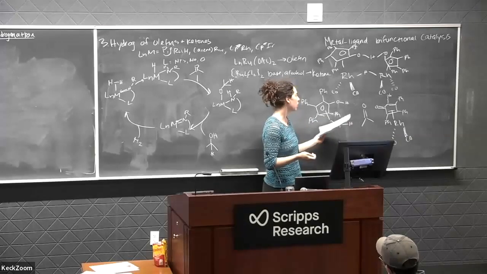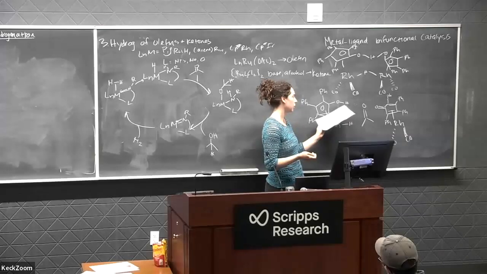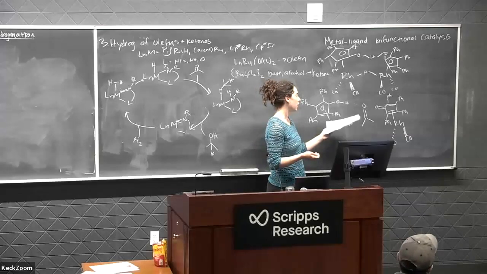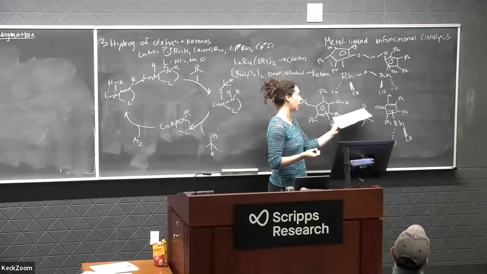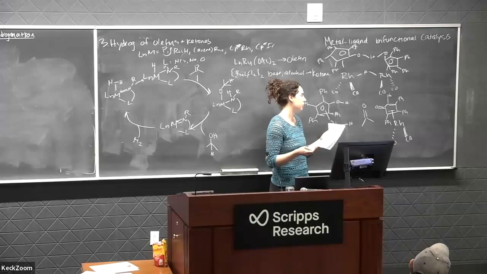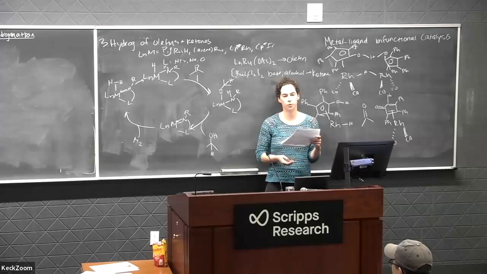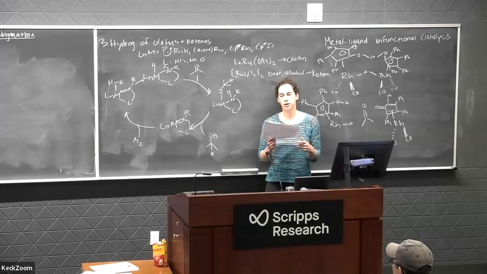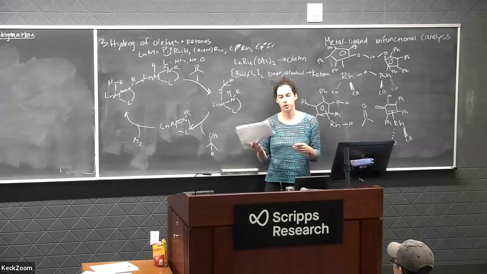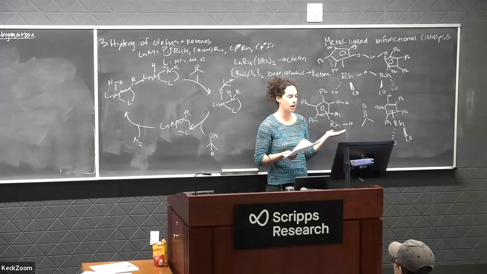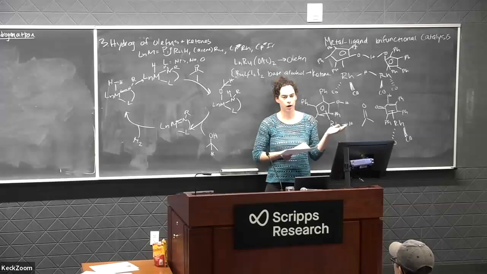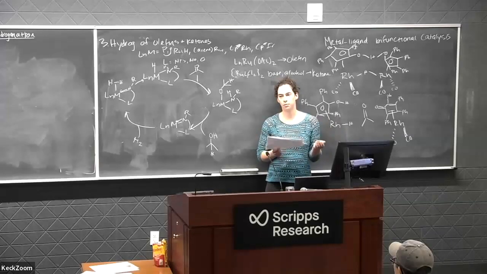But in this case, when we have a ligand-centered hydrogen atom, this is more polarized to add to the more polarized functional groups. So one key element you can notice is that if it's a metal ligand bifunctional hydrogenation, then that's going to possibly favor things like ketones or amines or nitriles.